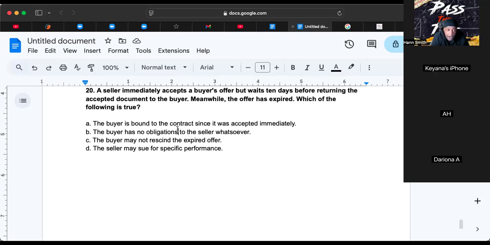And so, last question. It says a seller immediately accepts an offer but waits 10 days before returning the accepted document to the buyer. Meanwhile, the offer has expired. Which of the following is true? I'm going to get rid of one. The buyer is bound to the contract since it was immediately accepted.